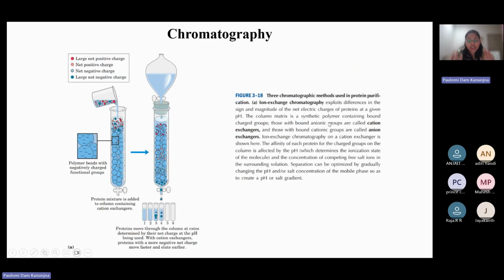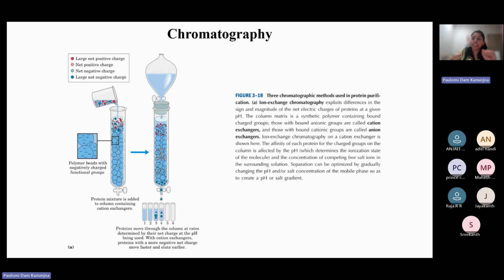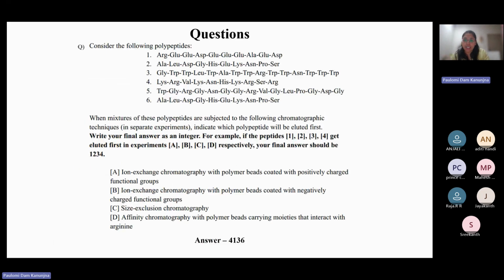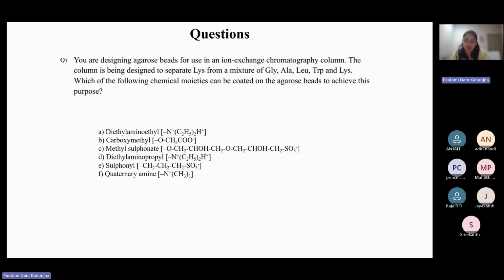So how do you remember? Just remember whatever the polymer is binding to. If the polymer is negative, it will bind to positive charge amino acids. It is binding to cation, so it is a cation exchanger. If it is binding to a negatively charged component, that means the polymer is positively charged, so it is an anion exchanger. Don't get confused in this. I knew this confusion could arise. That's why I asked the specific question.